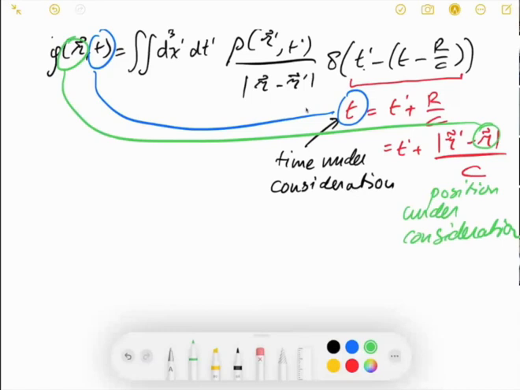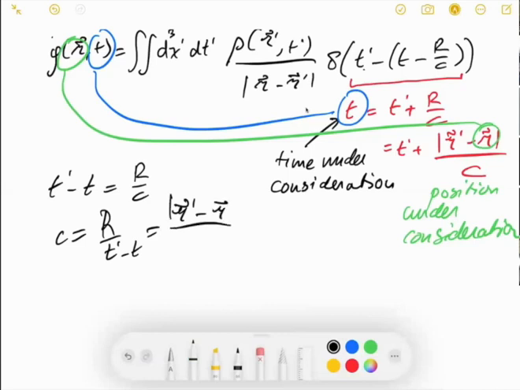And there's some nomenclature here. So we can actually write this as t minus t prime, or t prime minus t is equal to r over c, or c is r over t prime minus t, or basically the length of r prime minus r over t prime minus t.